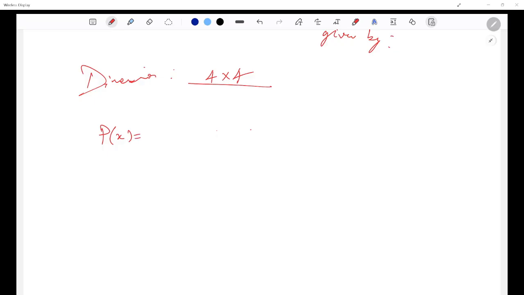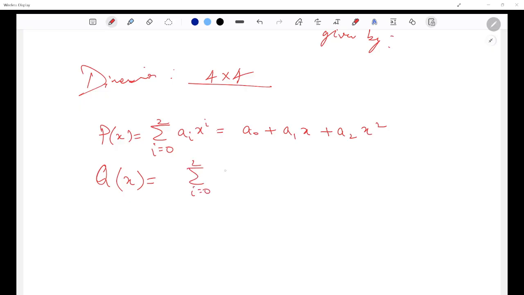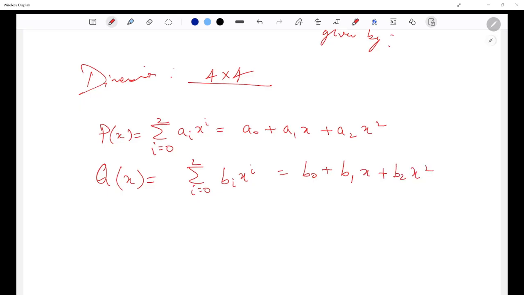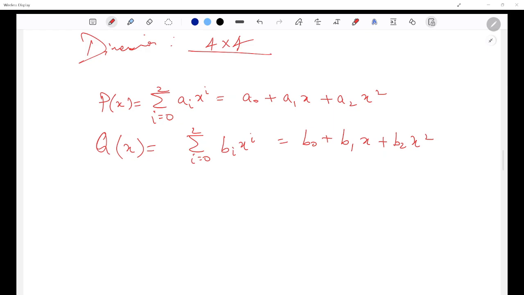P(x) is a0 plus a1 x plus a2 x squared. Similarly, Q(x) is b0 plus b1 x plus b2 x squared. So we are asked to write the Sylvester matrix for this.